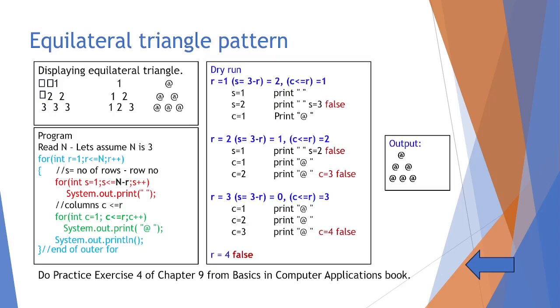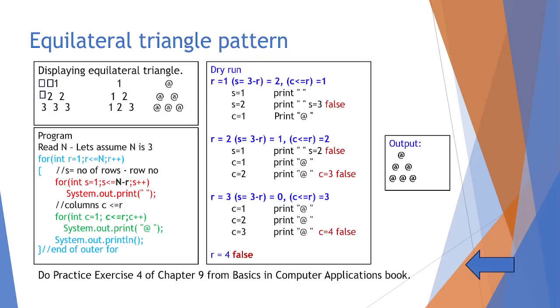In the first row, we need two spaces. In the second row, one space. In the third row, no spaces, because in the first row, one column and two spaces make a total of three. In the second row, one space and two columns. In the third row, three columns.